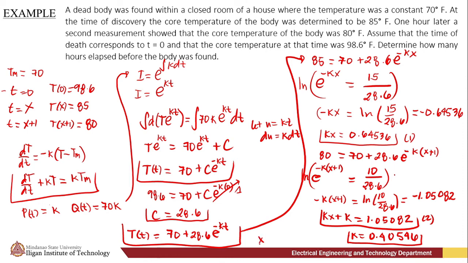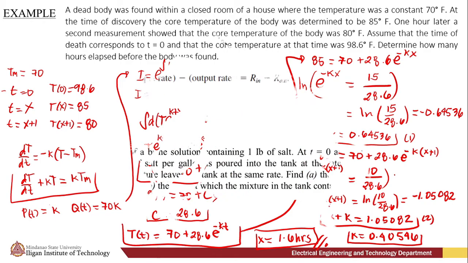So our x now is equal to 0.64536 divided by 0.40546, which is approximately 1.6 hours. So this is the time elapsed before the body was found, 1.6 hours.